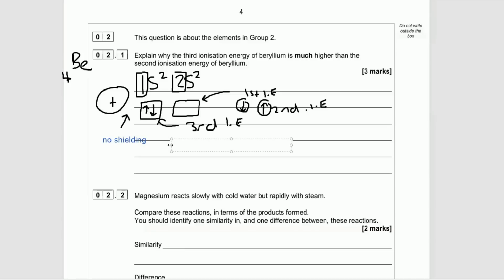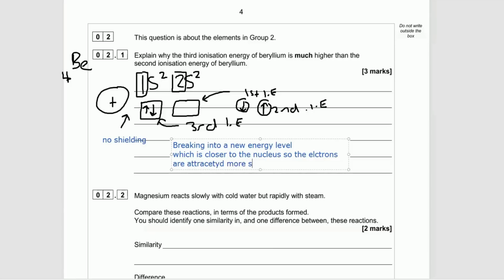So the three main points are breaking into a new energy level, which is closer to the nucleus, so the electrons are attracted more strongly, or they feel the stronger attraction.